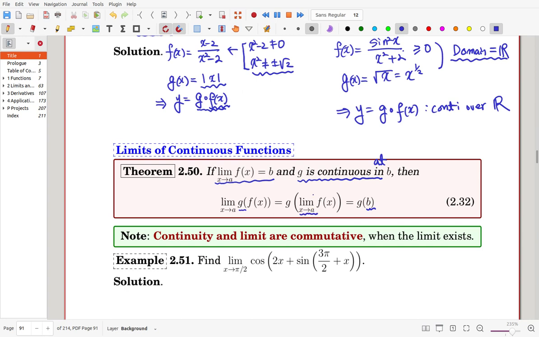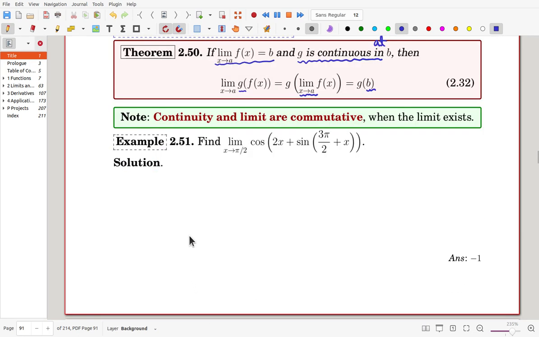That means that limit and continuity are commutative. You can change the order, provided the limit exists, which we assumed in the beginning. You can swap the continuous function and the limit. The applications can be exchanged.